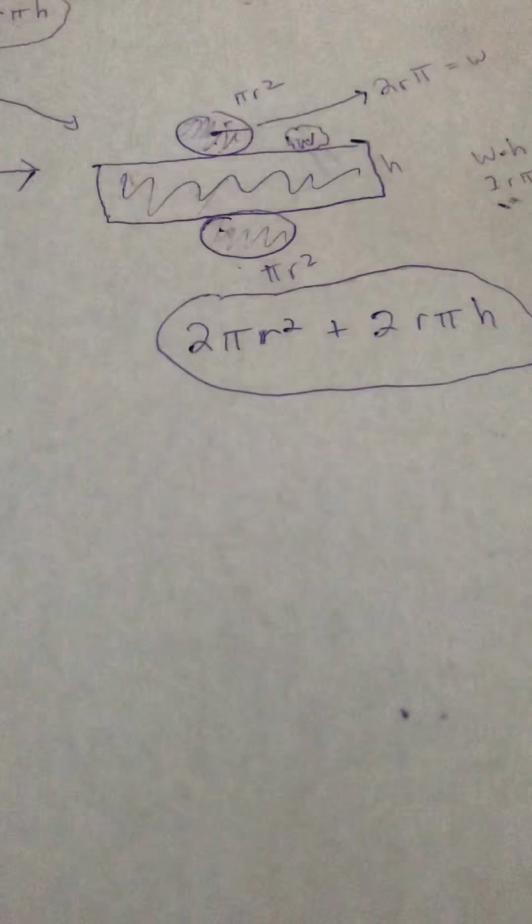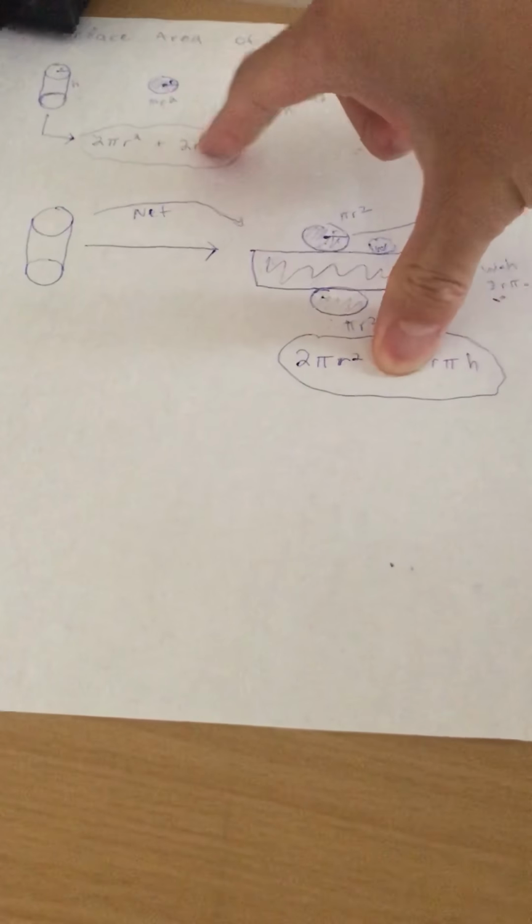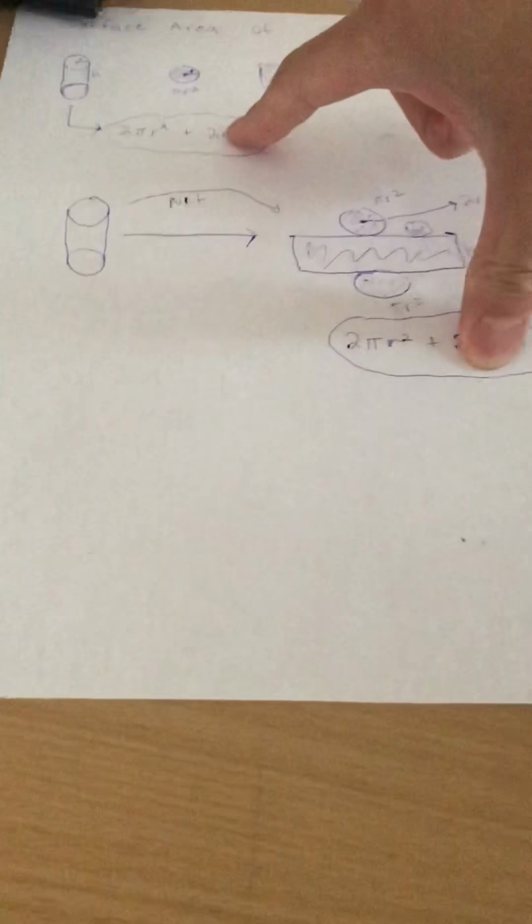And as you can see, this formula right here is the same as the formula from up here, which is what I gave you initially. So initially I just gave it to you. Now I explain to you why it is what it is.